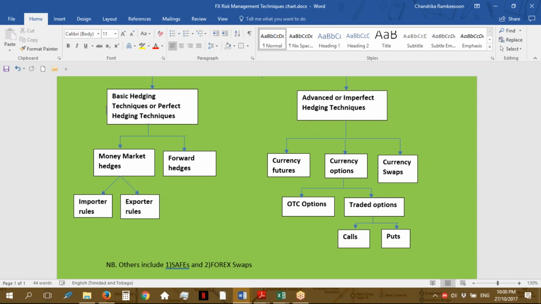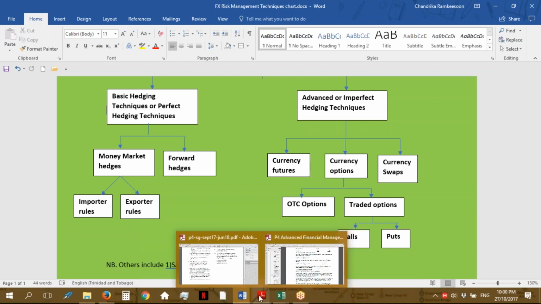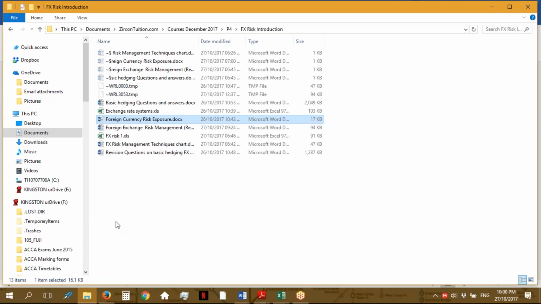Now what I would like you to do is this. One of the handouts, which I put up, hang on a sec.